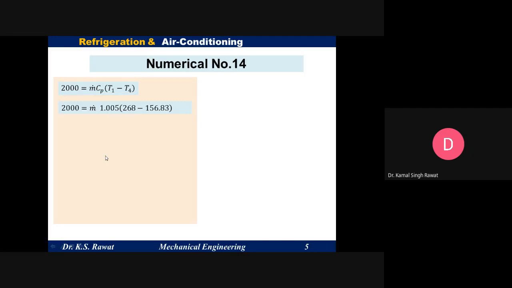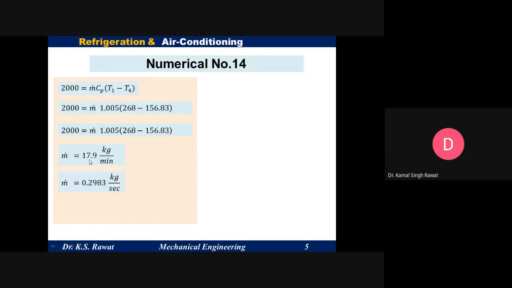Can you tell me what is the value of m dot? Sir, 17.92 kg per minute. 17.92. So by solving this, we will get the value m dot equal to 17.9 kg per minute. Okay.